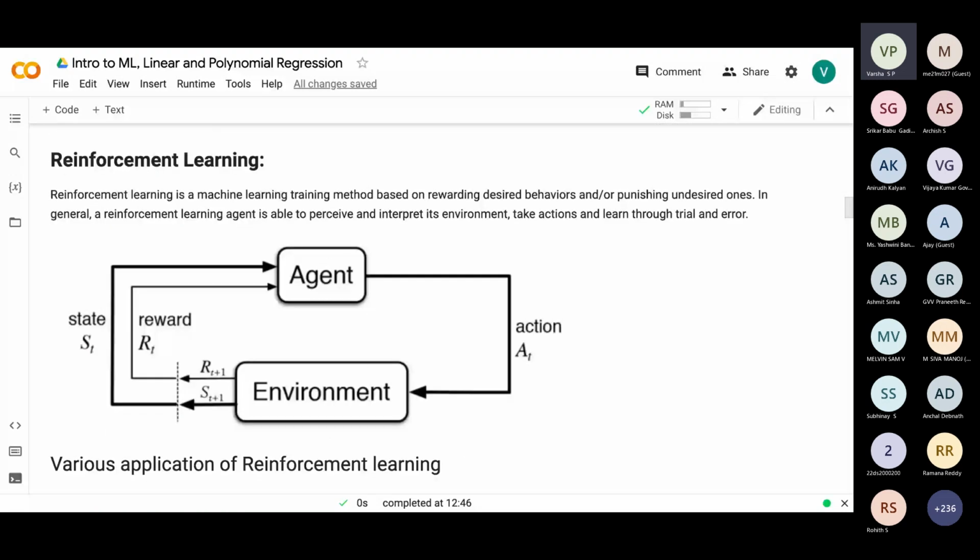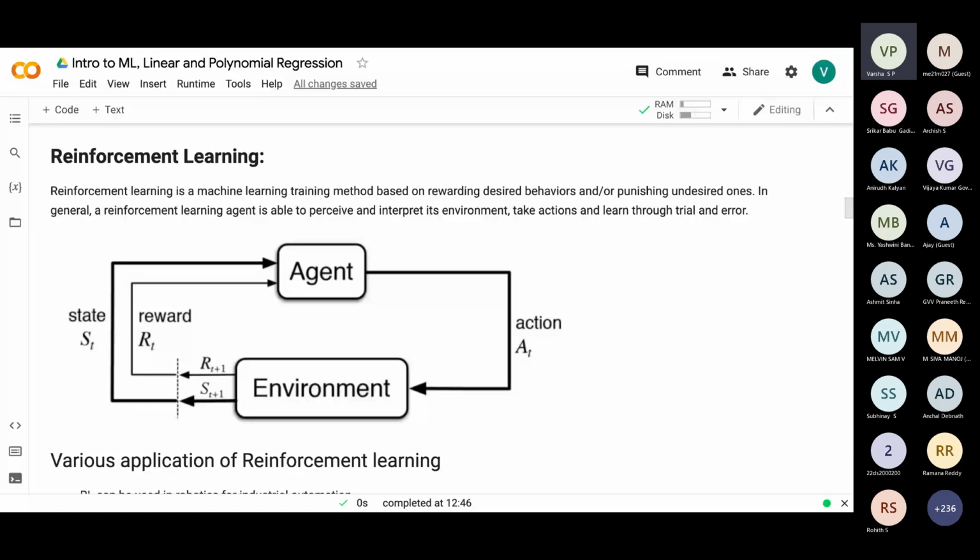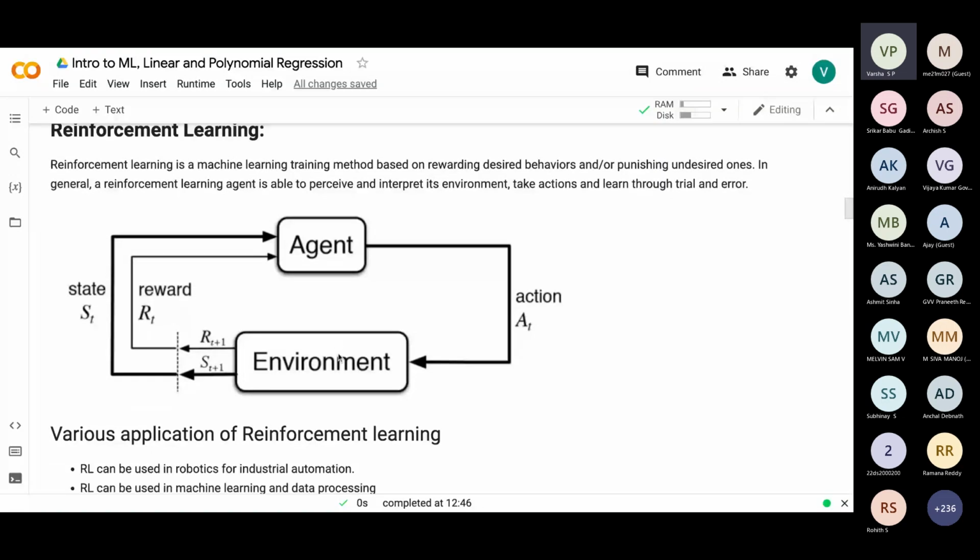Reinforcement learning is basically where a system interacts with a dynamic environment in which it must perform a certain goal. Okay, you'll have an agent and an environment, and it must perform a certain goal. The system is provided with feedback in terms of rewards and punishments as it navigates its problem, right?